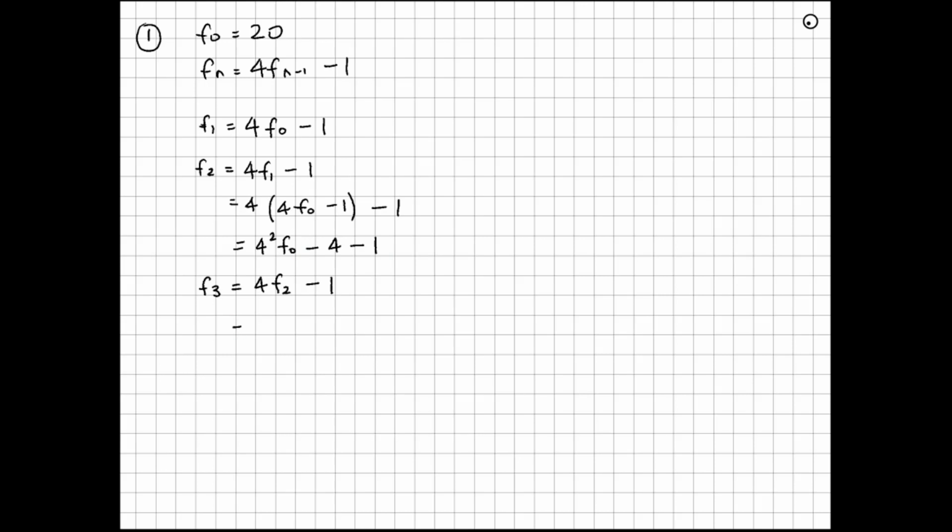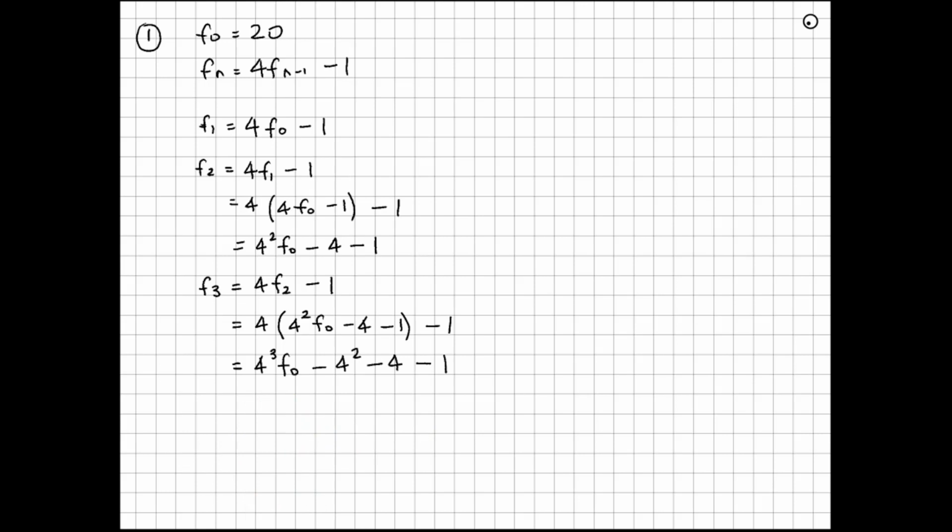So that would be equal to 4, and then in brackets f2 we can write as 4 squared f0 minus 4 minus 1, and then with our minus 1 on the end here. So if I expand that, we end up with 4 cubed f0 minus 4 squared minus 4 minus 1.